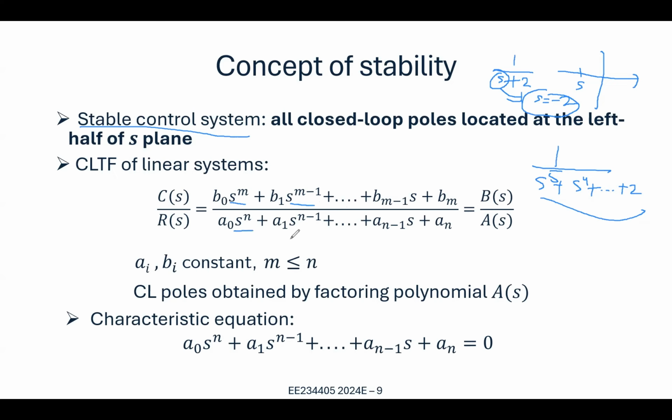And in the denominator, we have s to the power of n plus s to the power of n minus 1 and so on. So we have polynomials in both the numerator and the denominator of the fraction. And we have, of course, the requirement that m cannot be more than n. So if n is, for example, 3, then m could only be 1, 2, or 3, right?